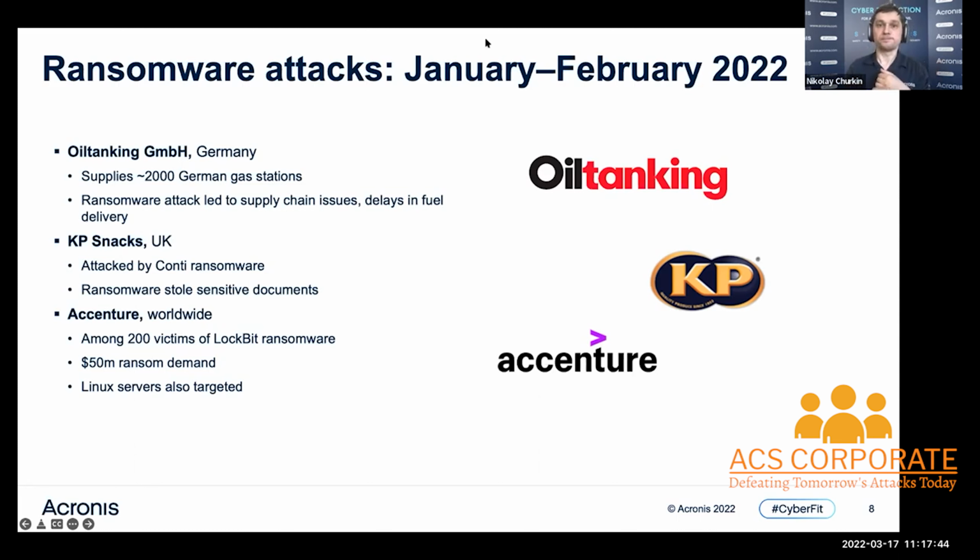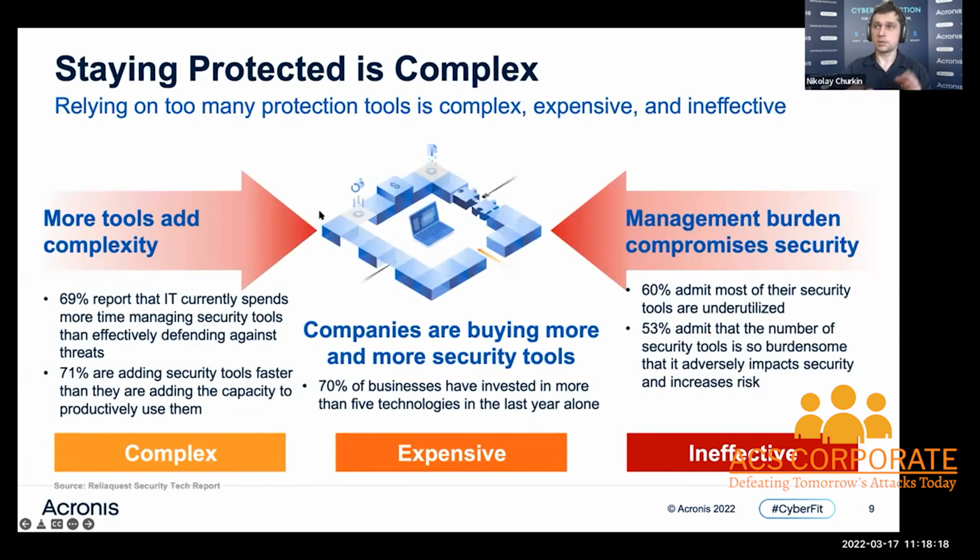And also, ideally, it needs to protect not only the most widespread systems, not only the Windows systems, but other operating systems as well, because ransomware attacks all of those.